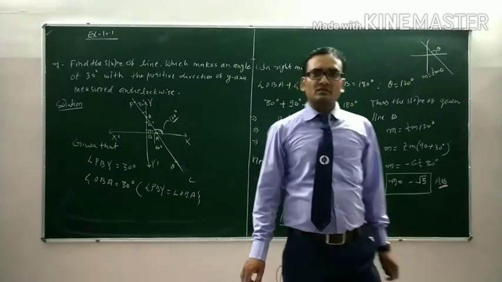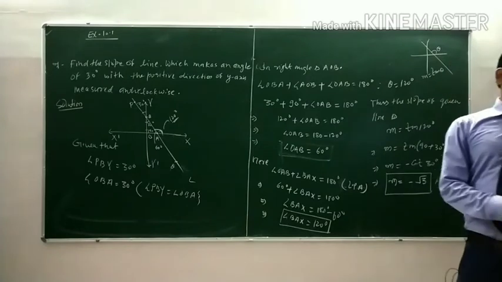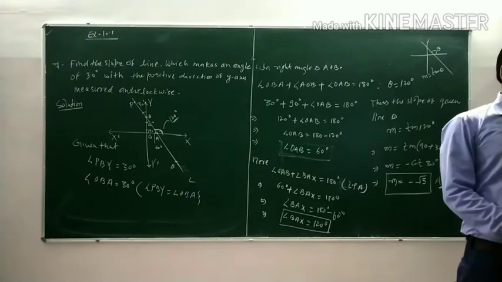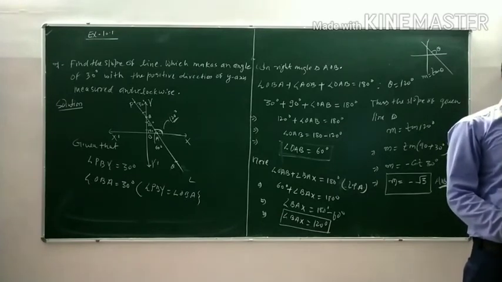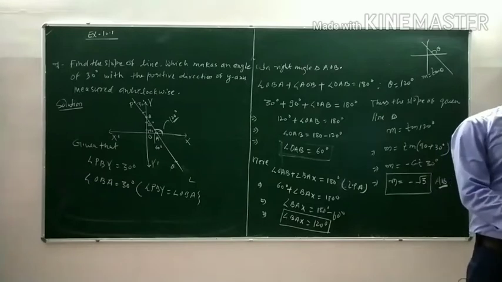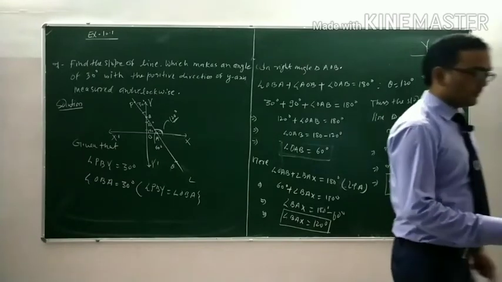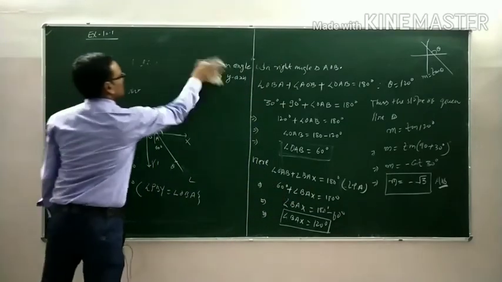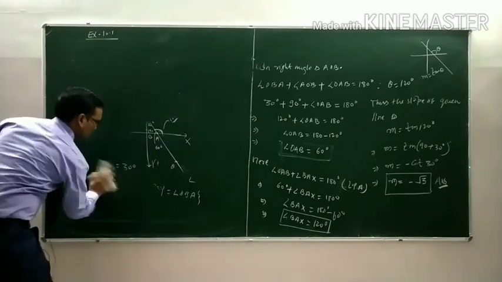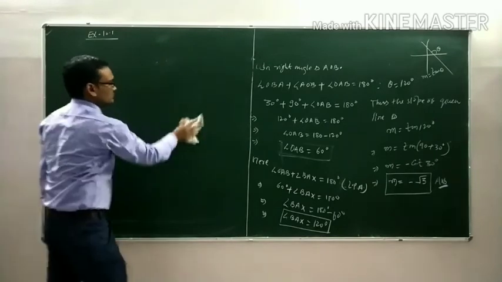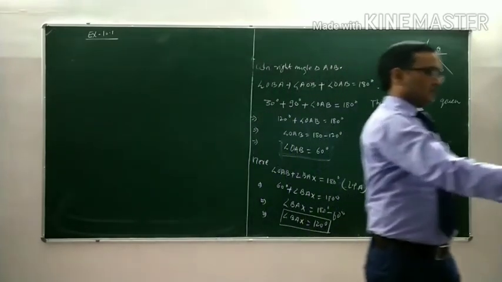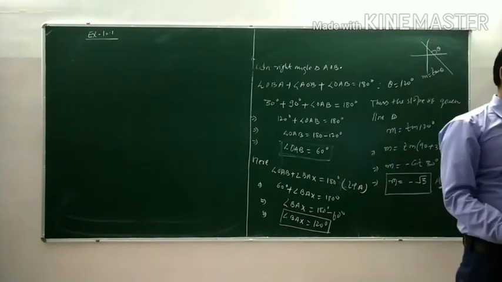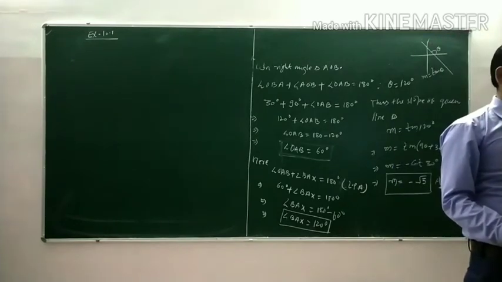Okay students, let us move to question number 12. A line passes through points x1 comma y1 and h comma k.